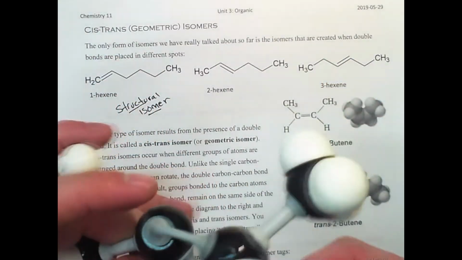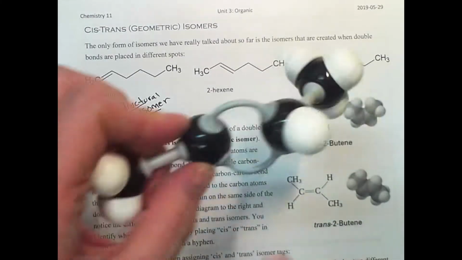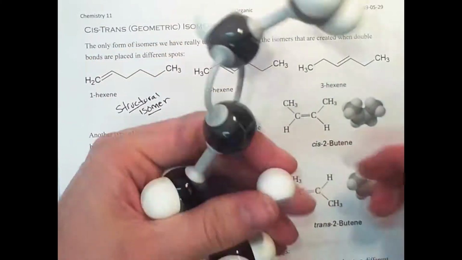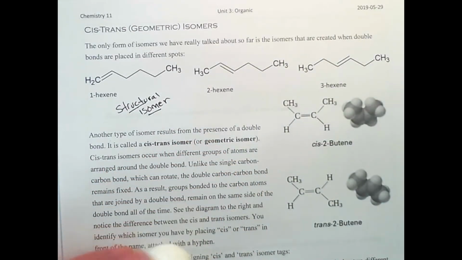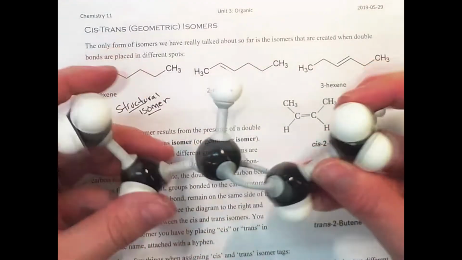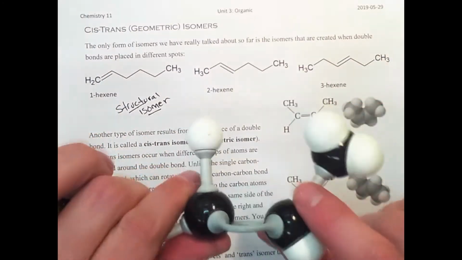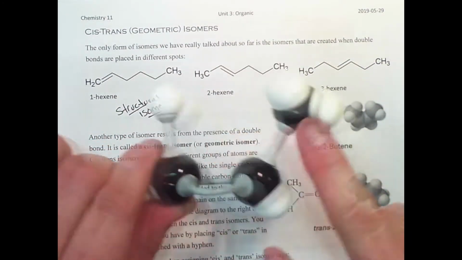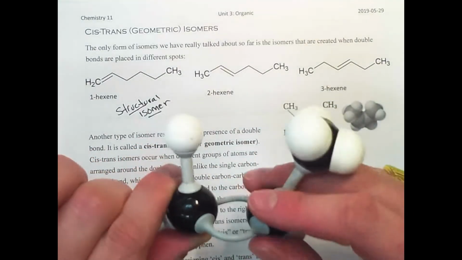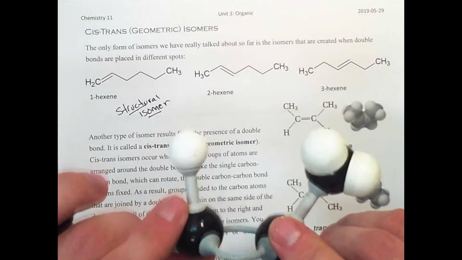And when we start to look at this, 1, 2, 3, this carbon only has 3 bonds. So I'm just going to add a hydrogen here. And when we start to look at this molecule, that creates a little bit of a problem because right now I can't rotate this hydrogen away from this methyl group because it's a double bond.